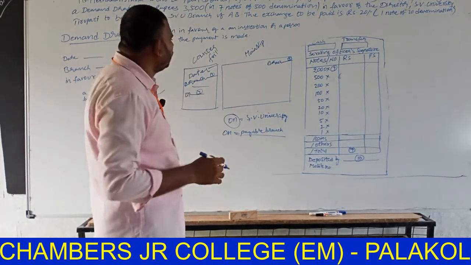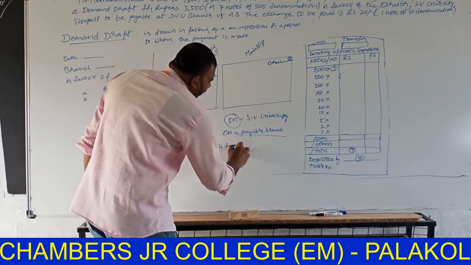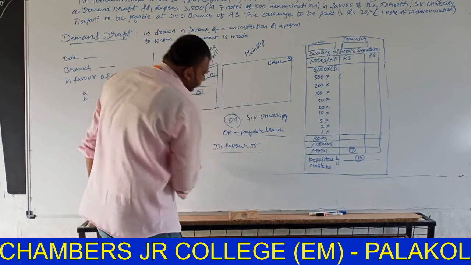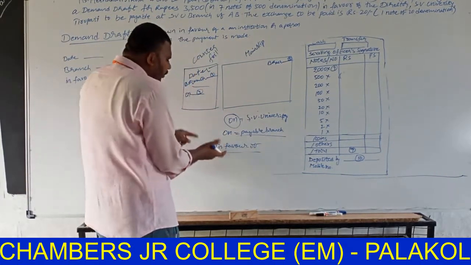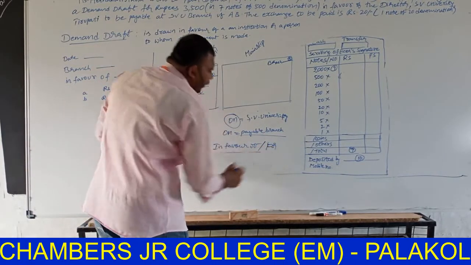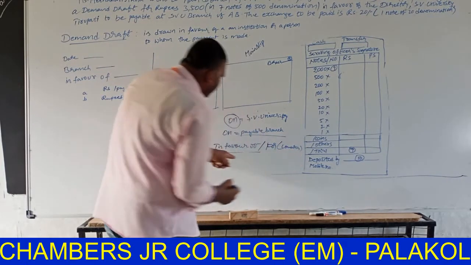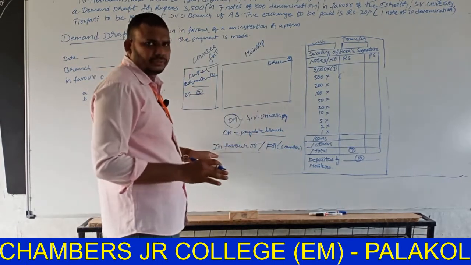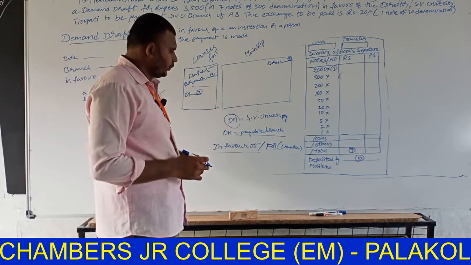And let's see the next one, in favor of. Here the column in favor of is given as for in the counterfoil, small slip, and in the main slip it is given as in favor of. Got it?